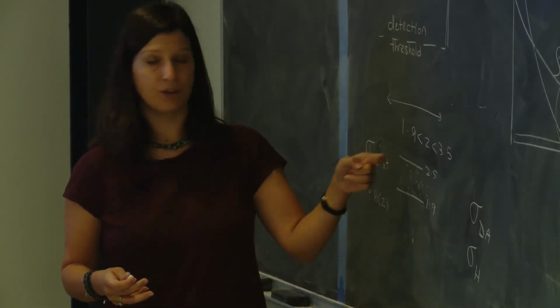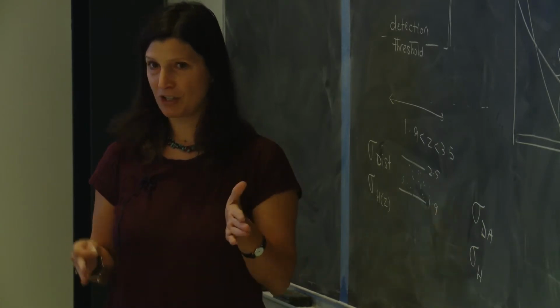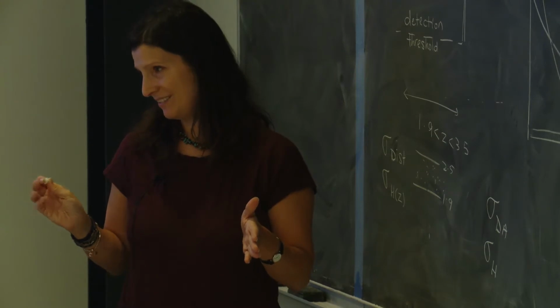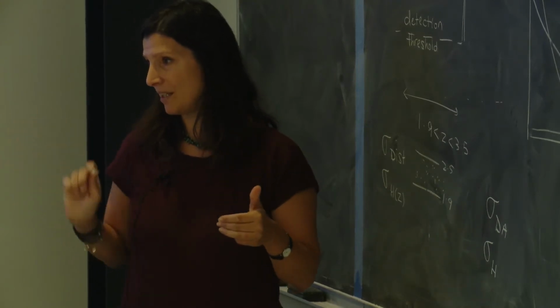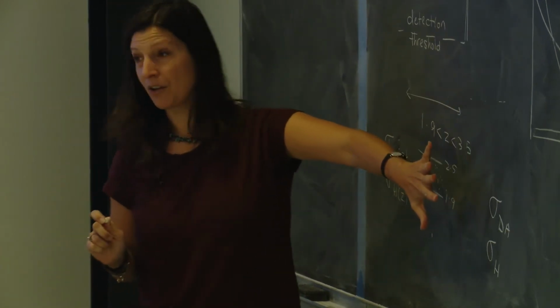Right, but you don't know it. You know the redshift, but to go from redshift to distance you need a model of the universe, and this is what we are trying to avoid. So that's why you need something independent. This is the cosmological part.